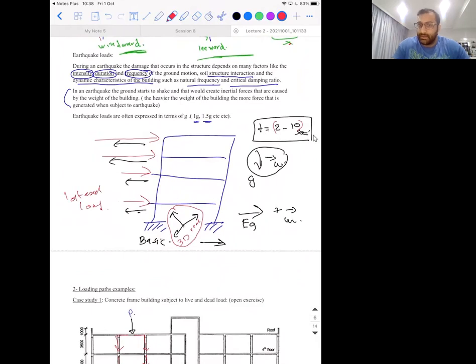Like we said, the load is time dependent. So T from 2 to 10 means that in these 8 seconds, I have movement. During that 8 seconds, this pushes the building and then pushes back. This pushes the building again, pushes back. So basically, it's a lateral load that is time dependent and reversible.